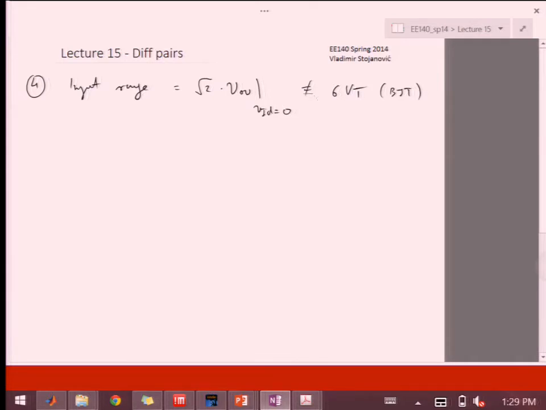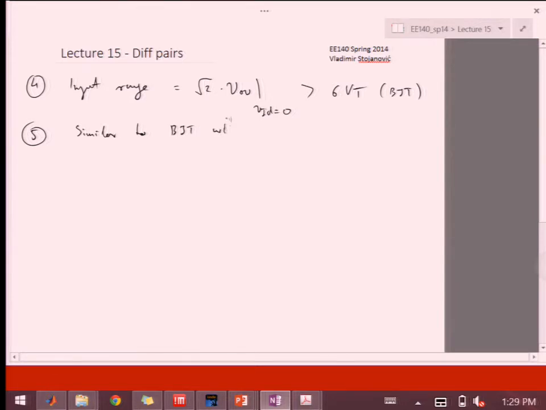Or I should say greater. Okay. 5 is essentially that this is similar to BJT with emitter degeneration.